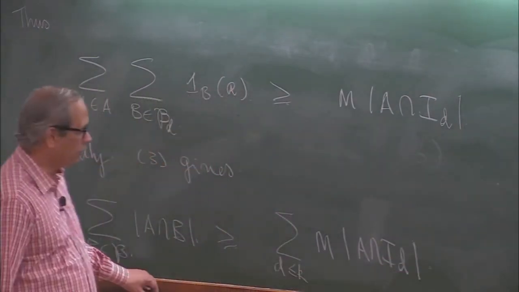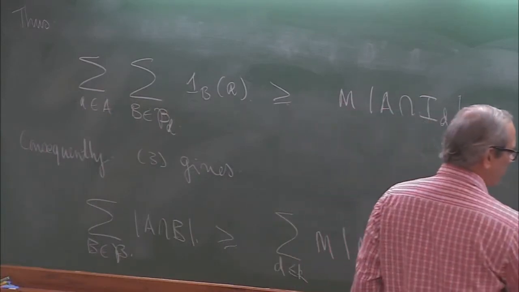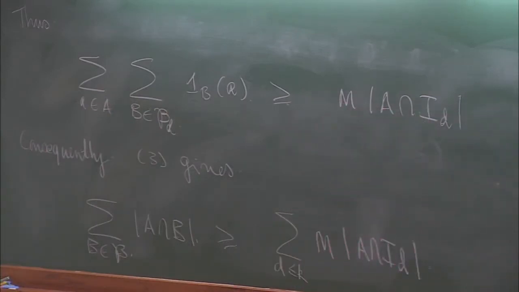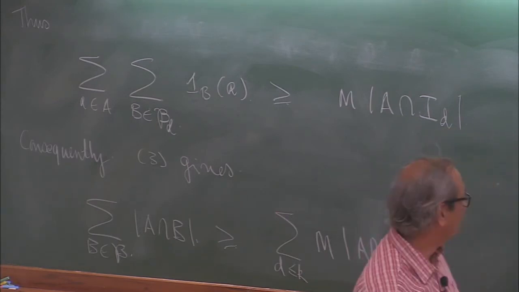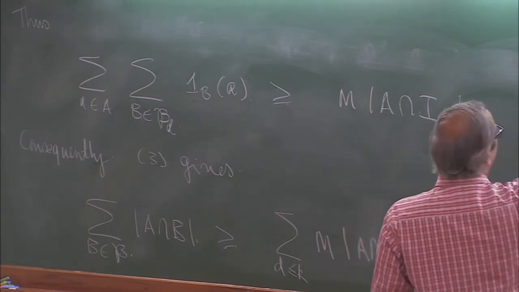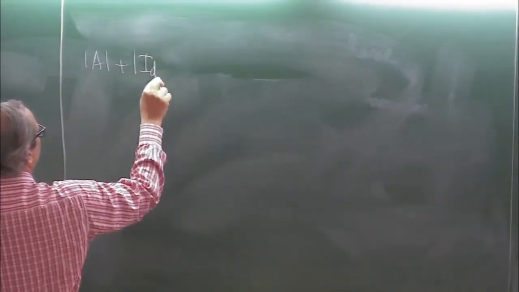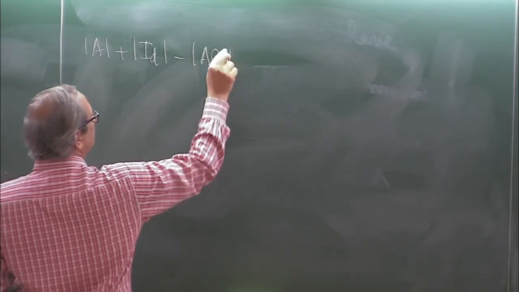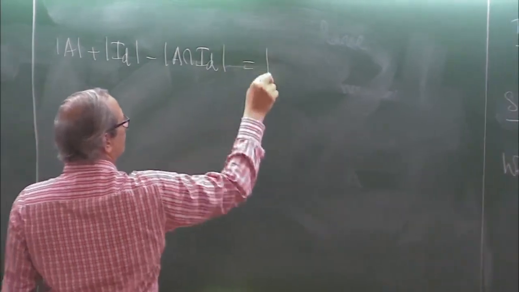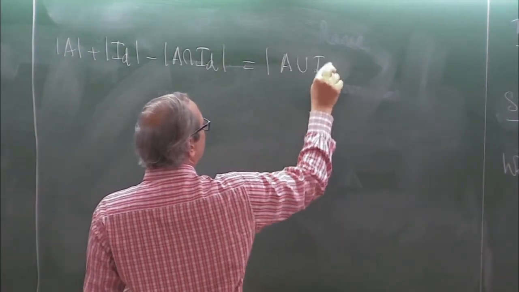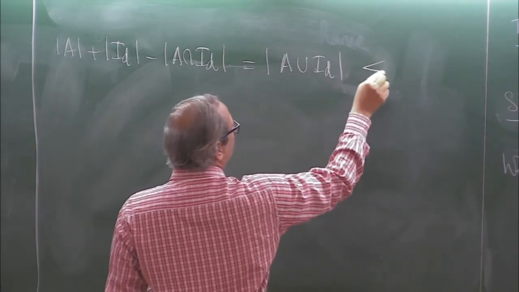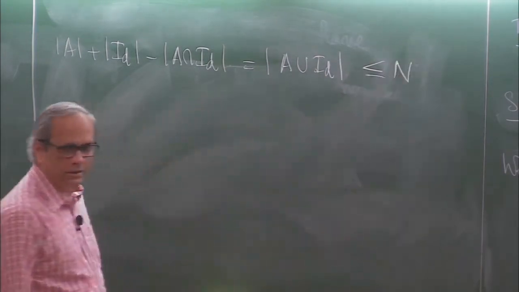Okay, and now what's the lower bound for the cardinality of A intersection ID? It's the simplest sieve statement that you will have. I mean, when I say sieve, nothing complicated, the sort of things we see in school, namely to use the fact that cardinality of A plus cardinality of ID minus the cardinality of the intersection is equal to the cardinality of the union, which is contained in 1 to n and is therefore less than n.